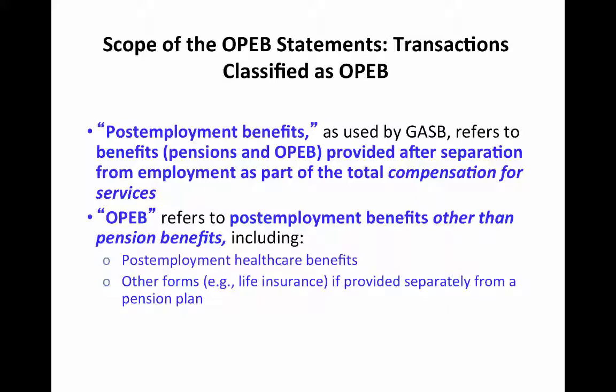OPEB refers to everything other than pensions. So we're talking primarily here about health care benefits, health insurance for retirees, but it also includes other types of benefits like life insurance that is not provided through a pension plan.